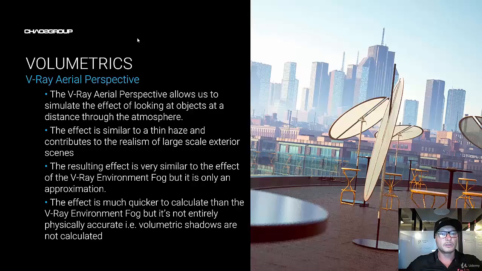The result is very similar to the V-Ray environment fog, but it is only an approximation, so it's not that accurate. The effect is much quicker to calculate than the V-Ray environment fog, but it's not entirely physically accurate. Volumetric shadows are not calculated.